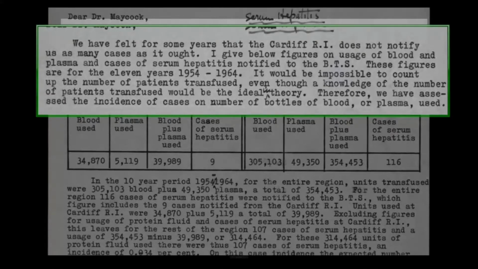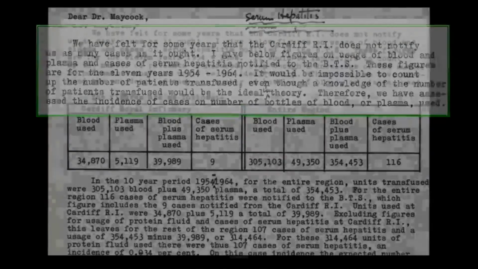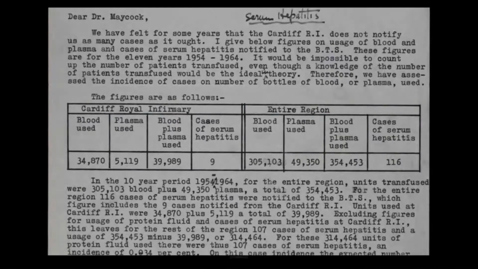There's then data provided in the letter whereby Dr. Drummond compares the case incidence of serum hepatitis at Cardiff RI with that of the rest of the region, or the apparent incidence in light of their reports.